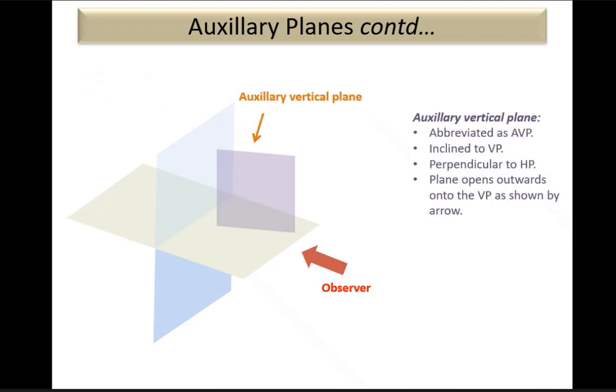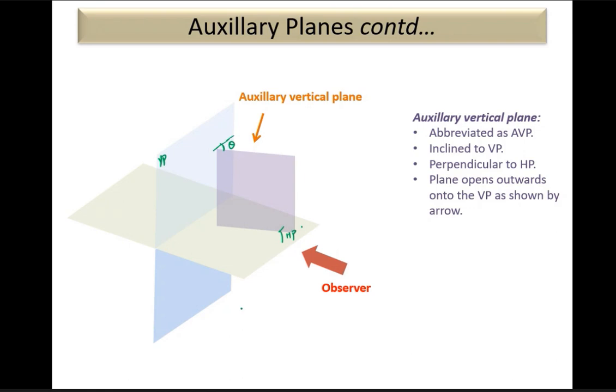This is the auxiliary vertical plane. Okay. So this plane is basically perpendicular to HP and it makes a certain inclination or angle with the vertical plane. And this is perpendicular to HP.